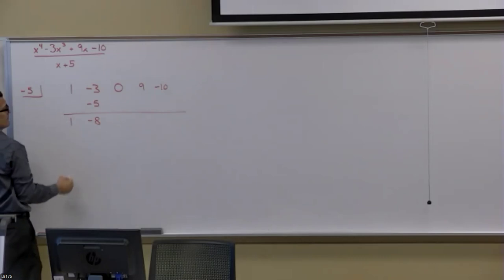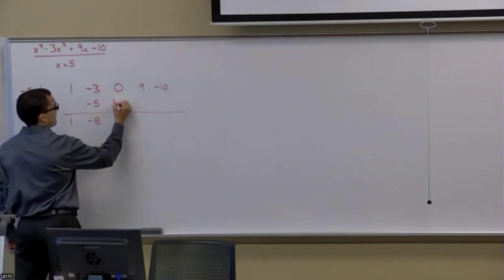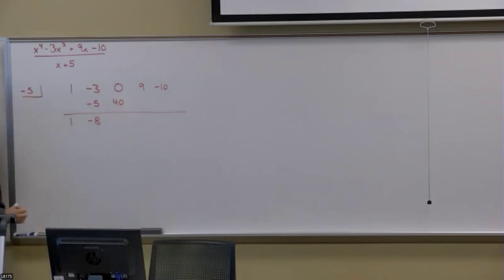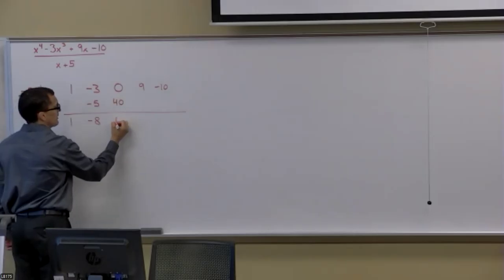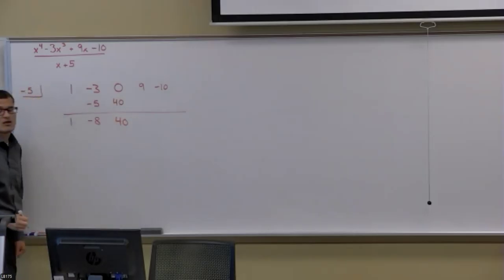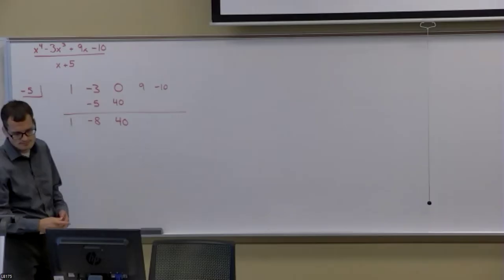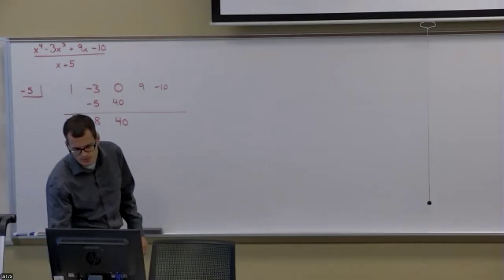Negative 5 times negative 8 is a positive 40. Add those two up and you get 40. 40 times negative 5 is equal to negative 200.